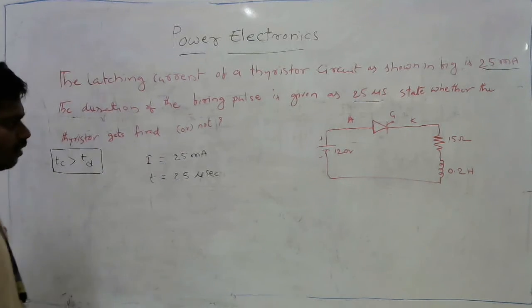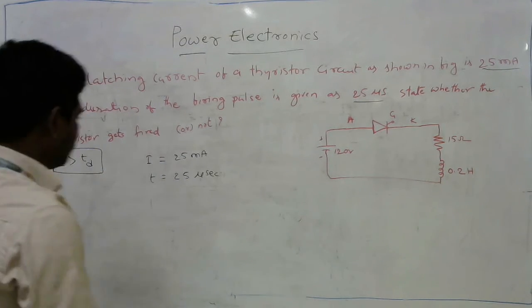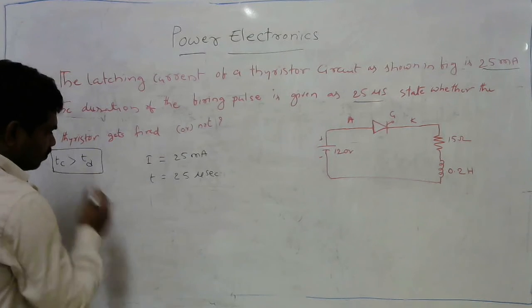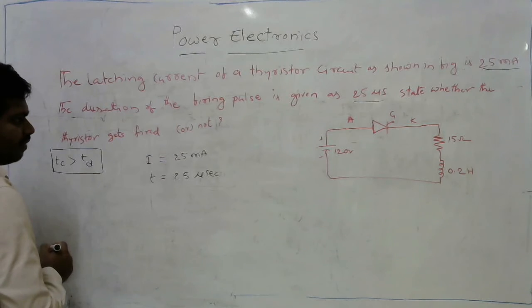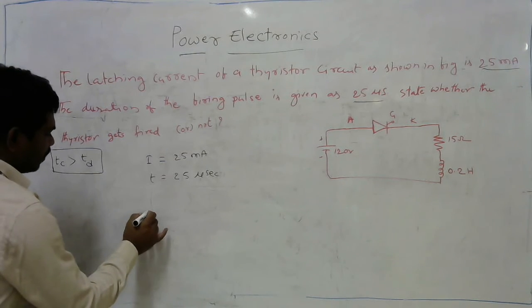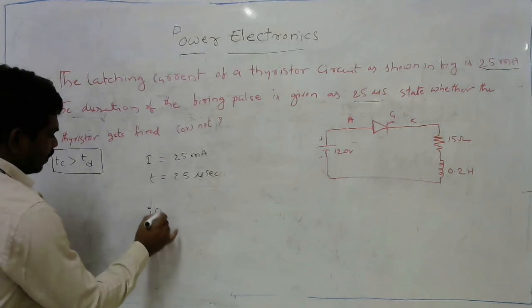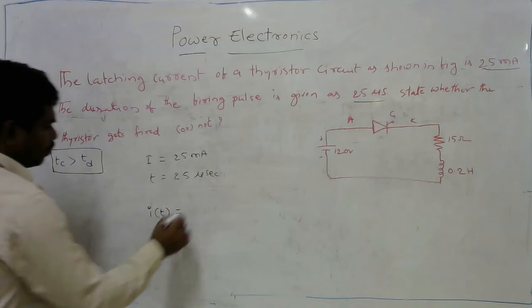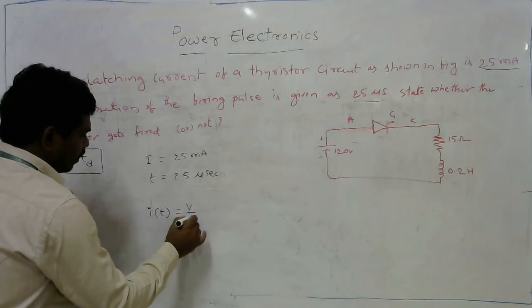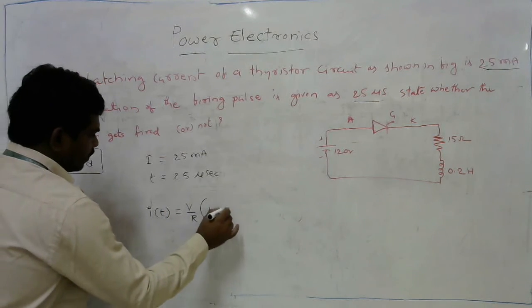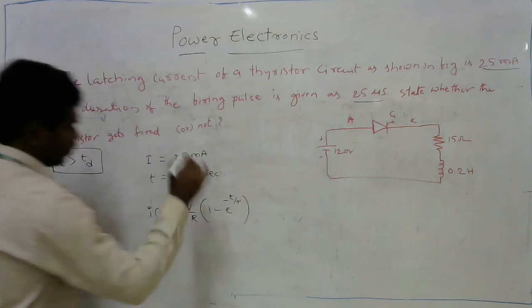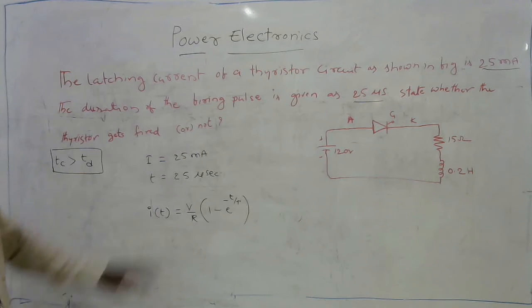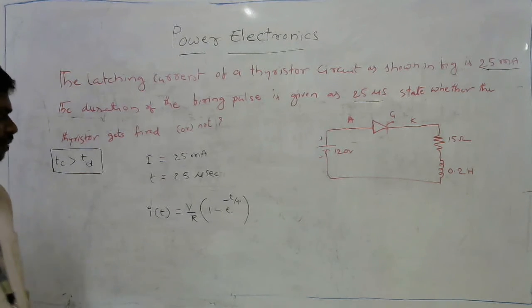For that, we have to take one equation from transient analysis. When we see the transient analysis, we have the equation I of t is equal to V by R into 1 minus e power minus t by tau. With the help of this equation, we will be able to find the value of I of t.